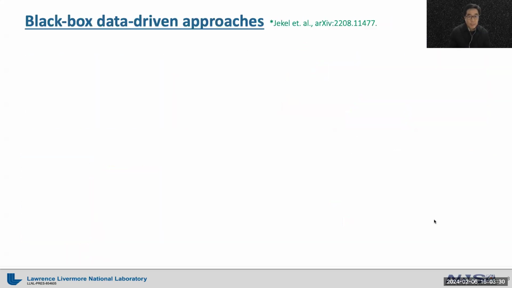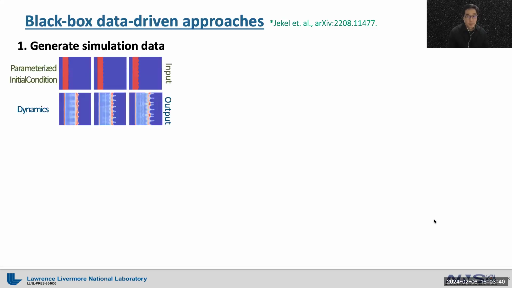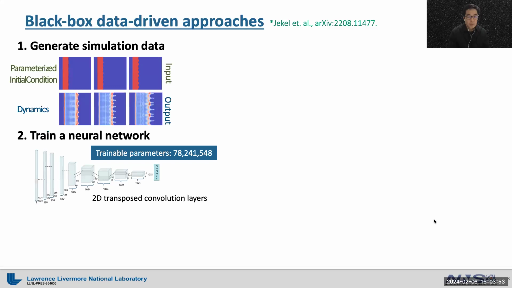And one of the ways, thanks to the advances in machine learning, is that we can apply a black box data-driven, neural-net type of approach, which works like this: you generate tons of simulation data. For this example, we generated Richtmyer-Meshkov instability data, two-dimensional simulations, and you can feed those data into a neural network and train it.